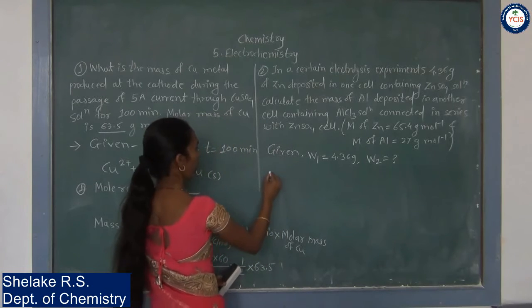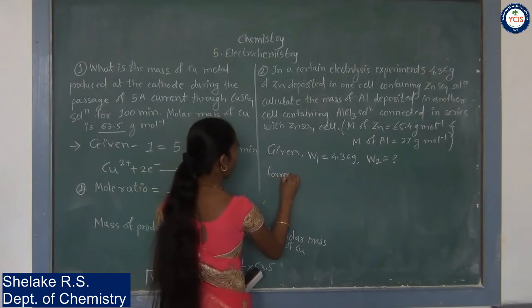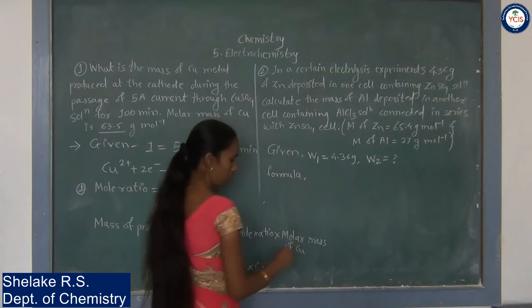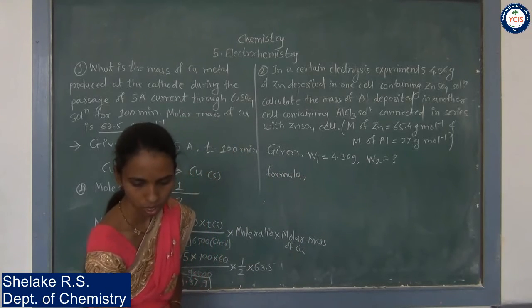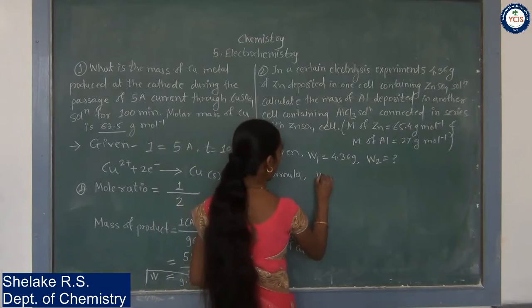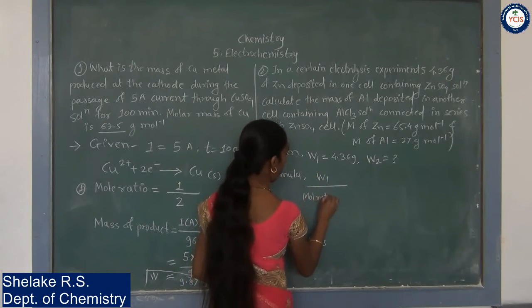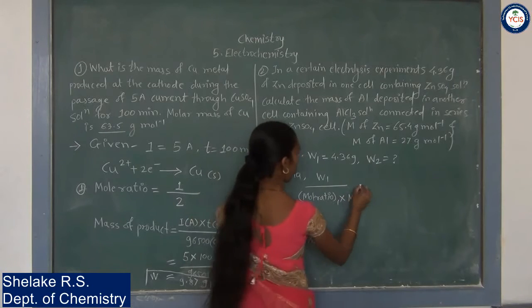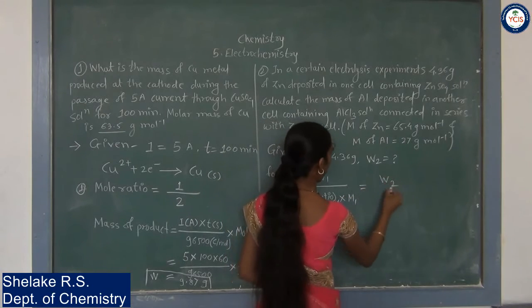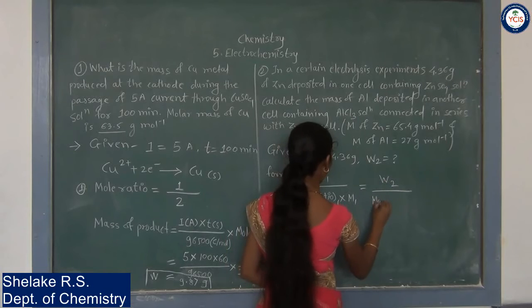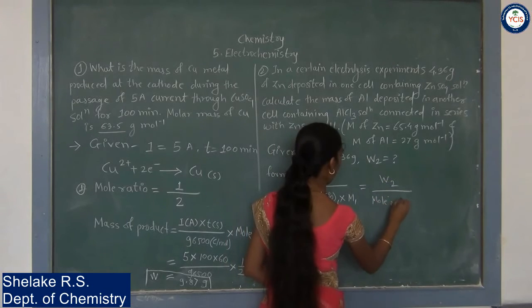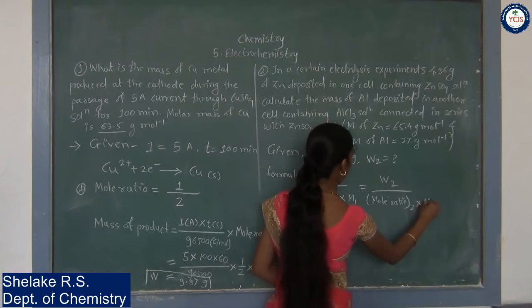So we will write the formula directly here. That formula is W1 divided by the mole ratio of the first cell into M1, which is equal to W2 upon the mole ratio of the second cell into M2.